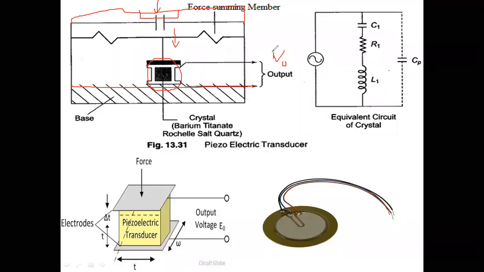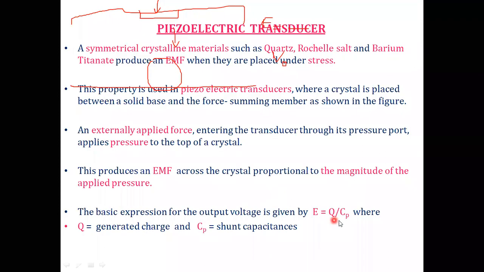That output voltage, that potential E, is given by E is equal to Q by Cp.